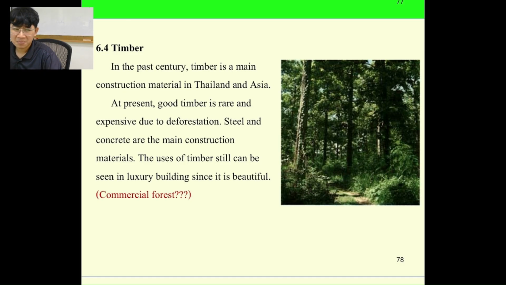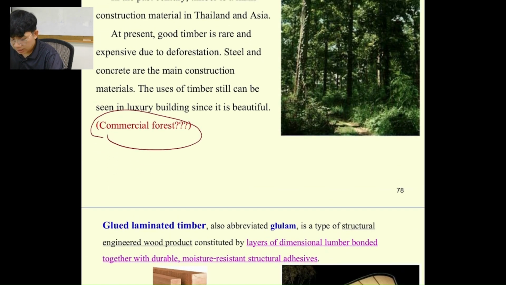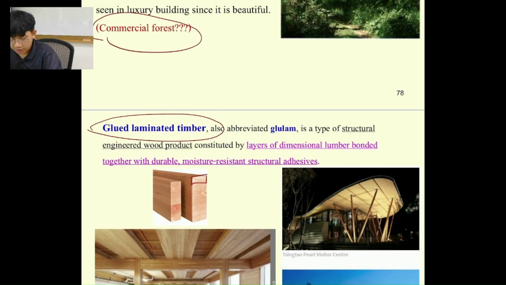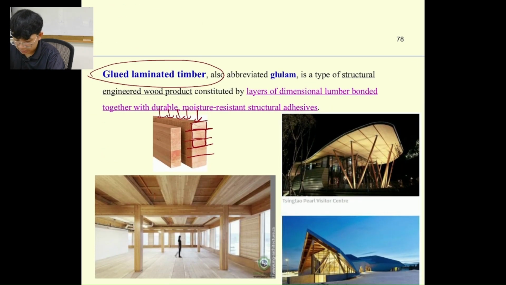But we also have commercial forests, where we plant trees and cut them into small sections. With glue laminated timber, we glue the small pieces of wood together and add some pressure or uniform load over time, and then we get a really good section like this. It can also resist force, as it should.